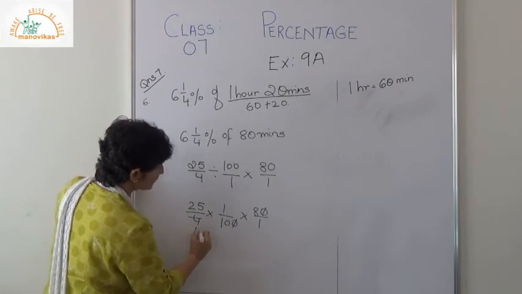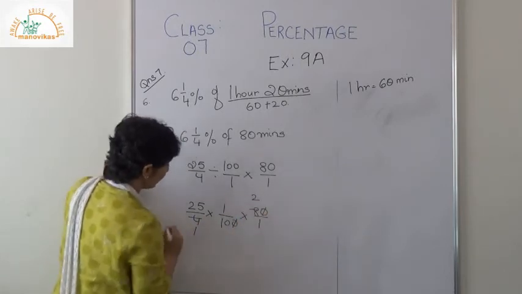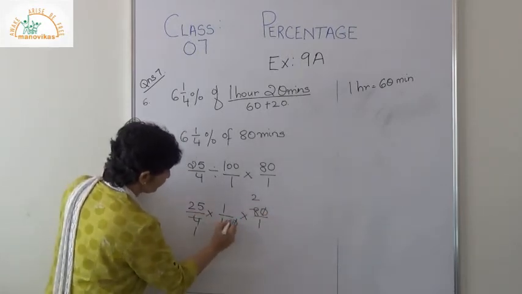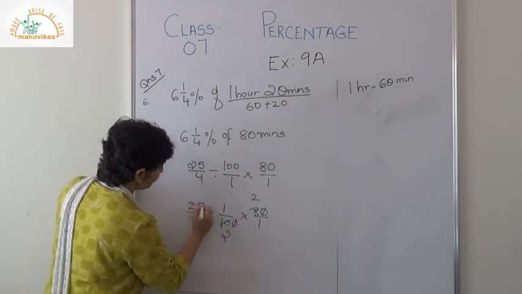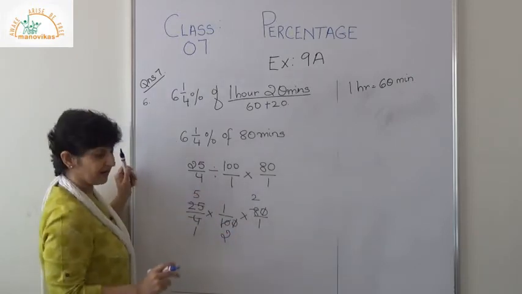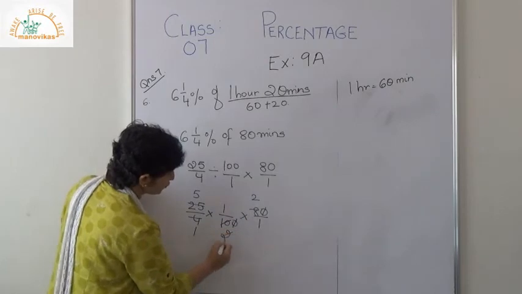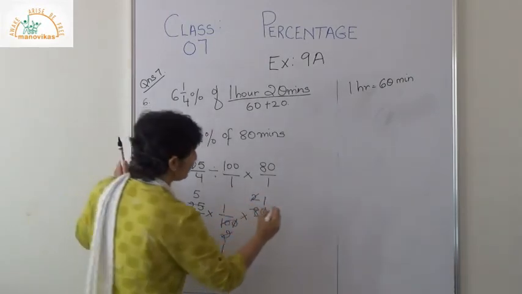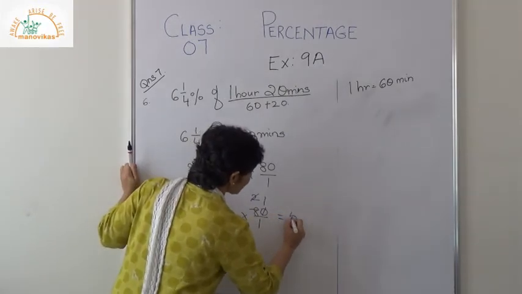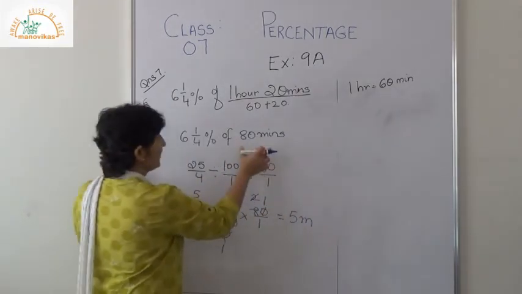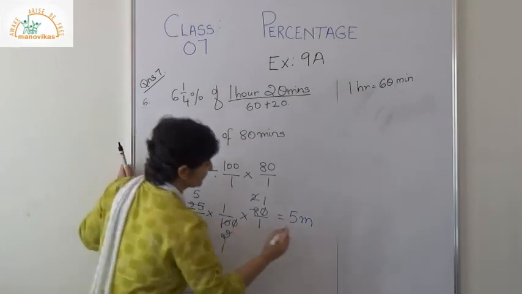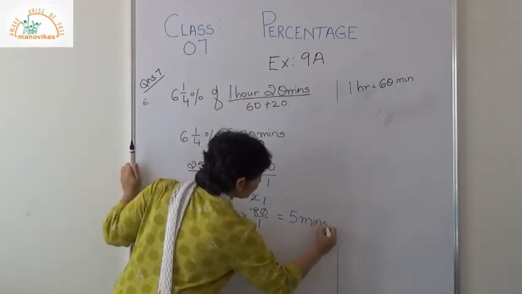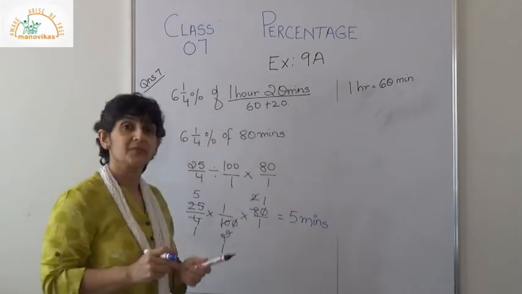I get 4 1s are 4, 4 2s are 8, 5 2s are 10, 5 5s are 25. Now, this 2 gets cancelled. 2 1s are 2. What am I left with? 5. So my answer is 5. Remember, we have converted everything into minutes. So my answer is 5 minutes. Clear?